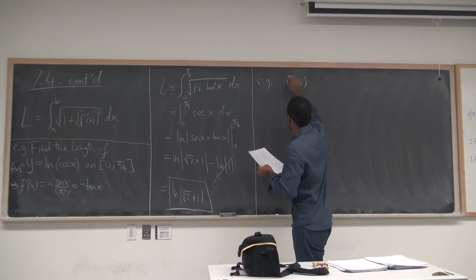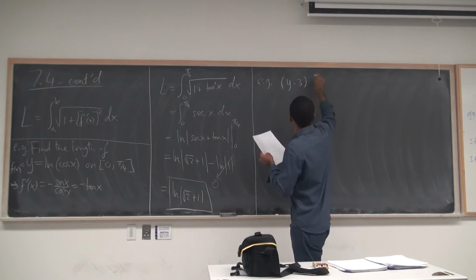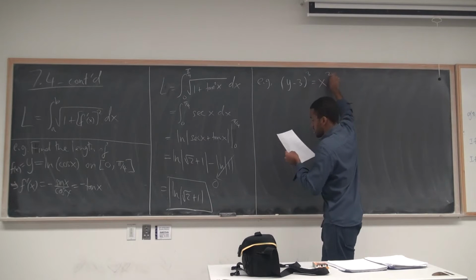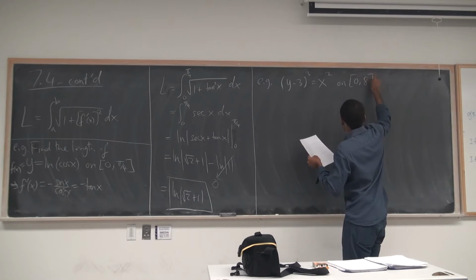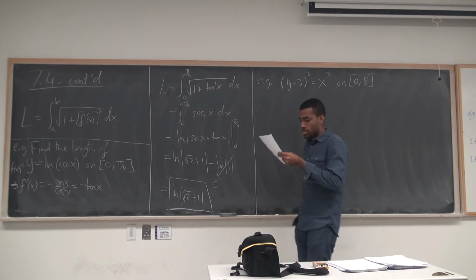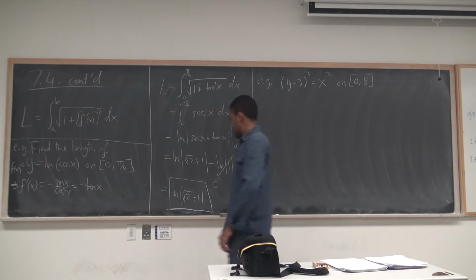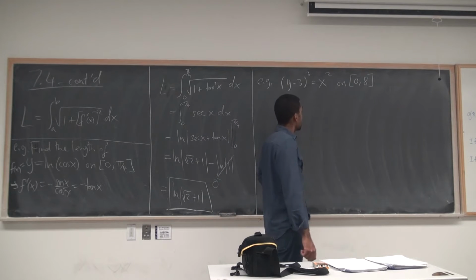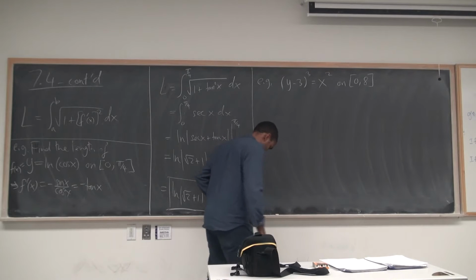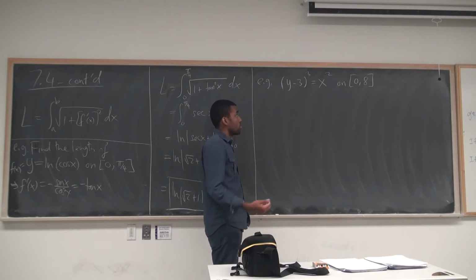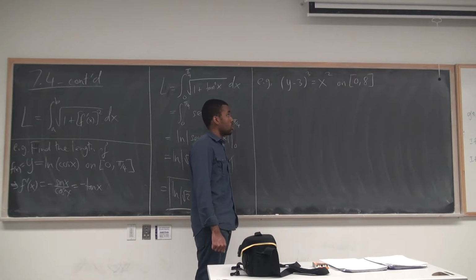y minus 3 cubed equals x squared on 0 to 8. What would you do?